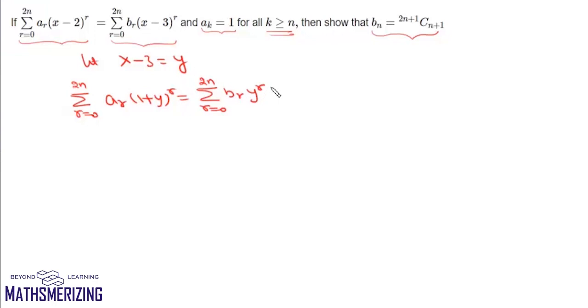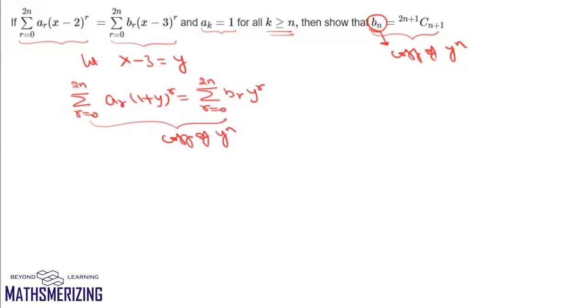Now on the right hand side we need to find bn, and bn is actually the coefficient of y to the power n. So from the left hand side and from the right hand side we need to find the coefficient of y to the power n.